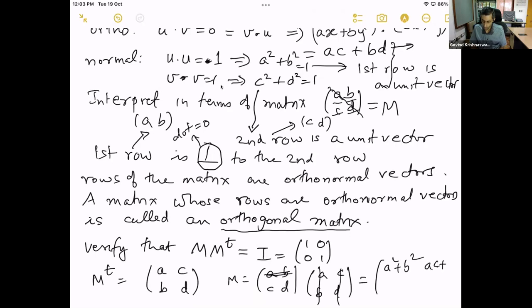You'll get AC plus BD. And I let you do the remaining two. And this we have observed is 1. This we have observed is 0. So like that, you will discover that M M transpose is the identity. So this was question number 3. Any question about how we went about it?